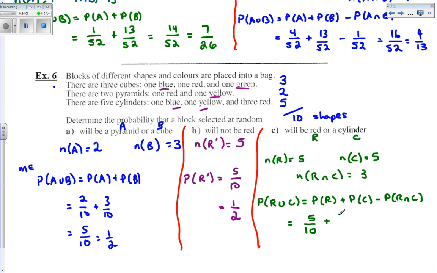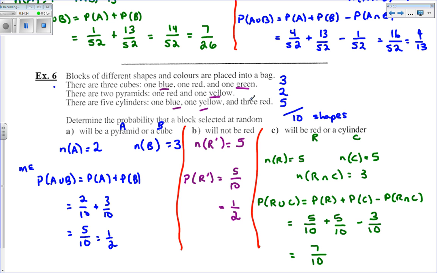We have 5 cylinders out of 10, and then we have 3 objects that are red cylinders. So 5 plus 5 is 10, minus 3 is 7. So the probability of getting a red or a cylinder is 7 out of 10.